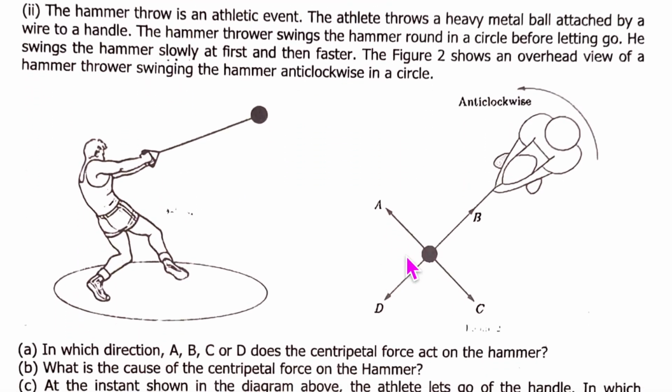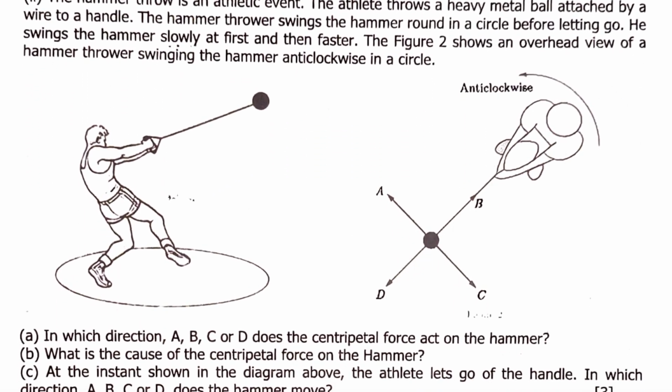We come to the next one. This was again a diagram based question. A hammer throw is an athletic event. The athlete throws the heavy metal ball attached by a wire to the handle. So there's the handle here, this is the wire. The hammer thrower swings the hammer round in a circle before letting it go.